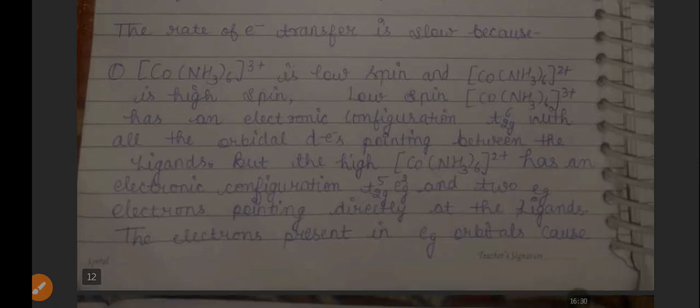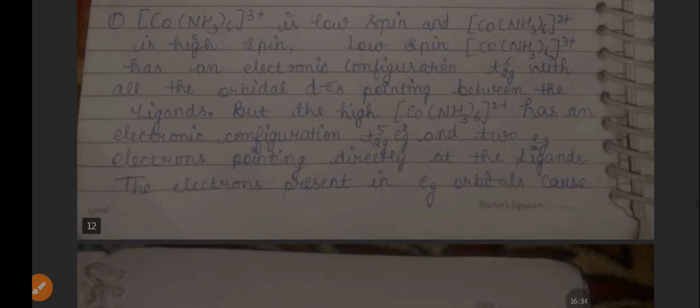Low spin [Co(NH3)6]3+ has an electronic configuration t2g6 with all d electrons pointing between the ligands, but the high spin [Co(NH3)6]2+ has an electronic configuration t2g5 eg2, with the eg electrons pointing directly at the ligands. The electrons present in the eg orbitals cause more repulsion. Therefore, the Co2+-NH3 bond distance is larger than that of Co3+-NH3.